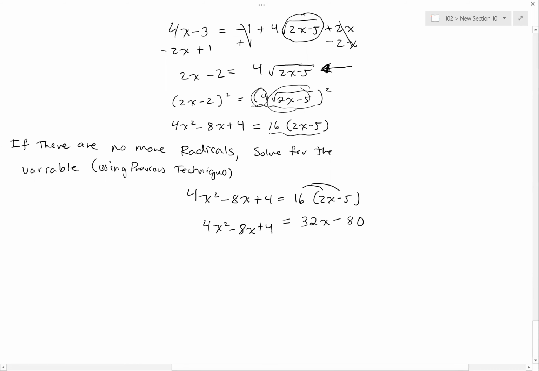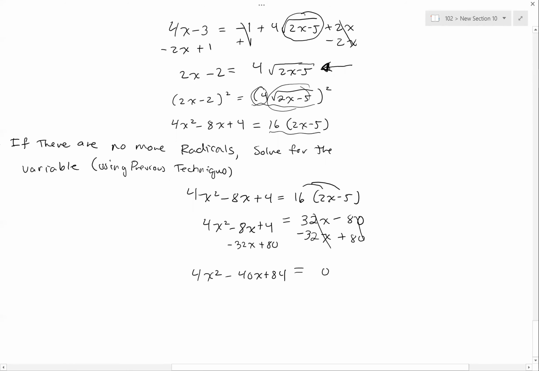I'm going to solve for x by bringing everything over to one side, in other words, setting it equal to 0, and then solving for x with factoring. So I'm going to subtract that 32x, that 80 to both sides, giving me a 0 on the right-hand side, and 4x squared minus 40x plus 84 is equal to 0.